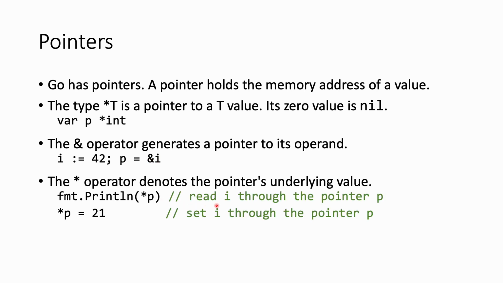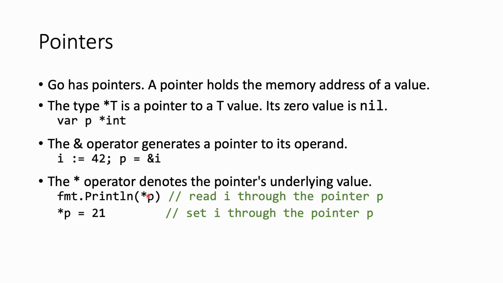The opposite operator of the ampersand operator is the star operator, which denotes the pointer's underlying value. The operand of the star operator must be a pointer, and the result of the star operator is the value being pointed to by the pointer operand. For example, suppose variable p has been declared as a pointer to int, as in this line.